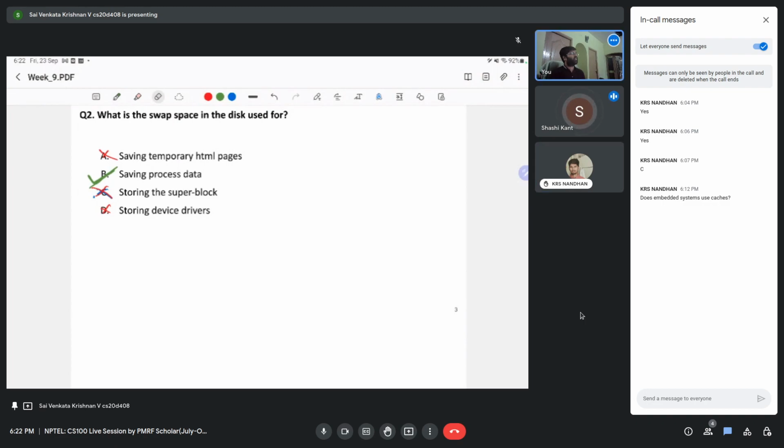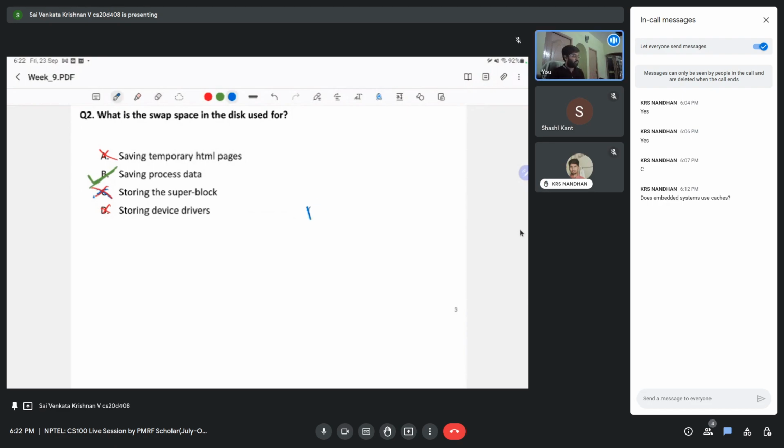I feel that swap space is different from RAM space. Yeah, so based on my understanding, swap space is something you store in the disks, right?